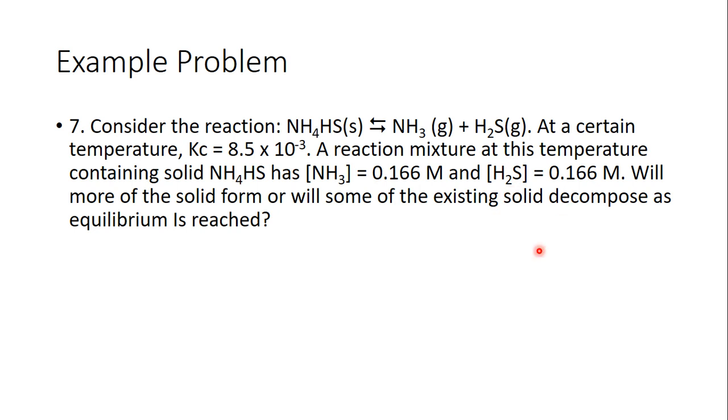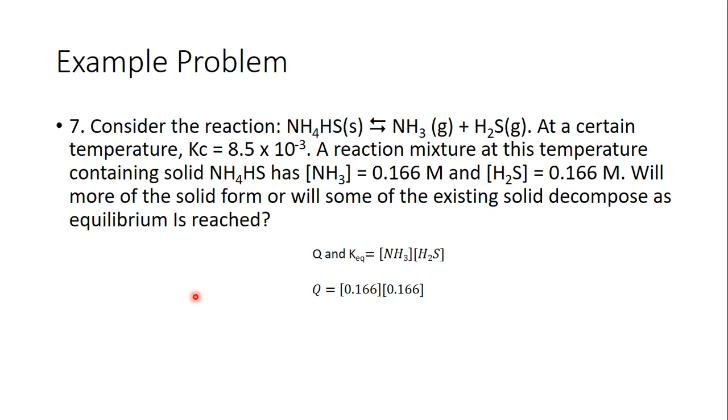The question is, will we form more reactants or products? To do that, we have to figure out what the Q is right now. Both Q and Keq are equal to the concentration of NH3 multiplied by the concentration of H2S.